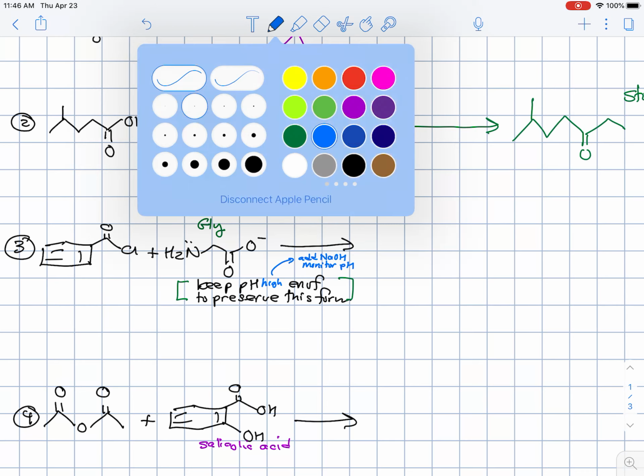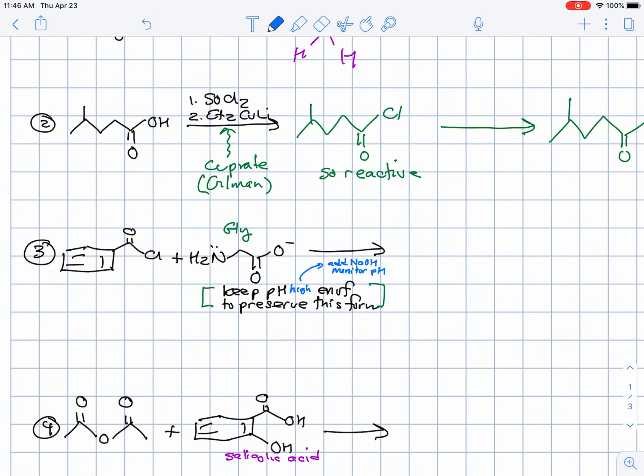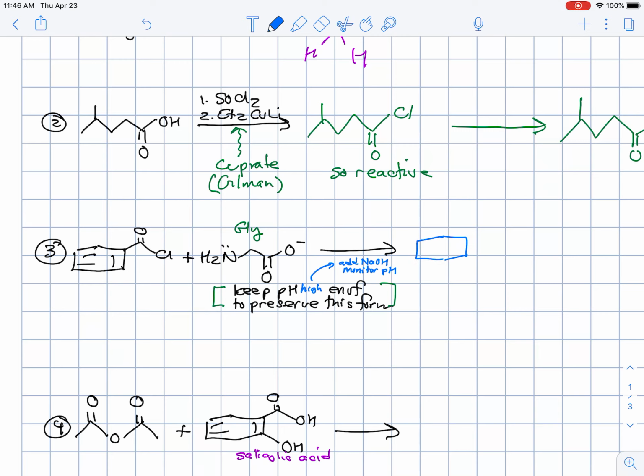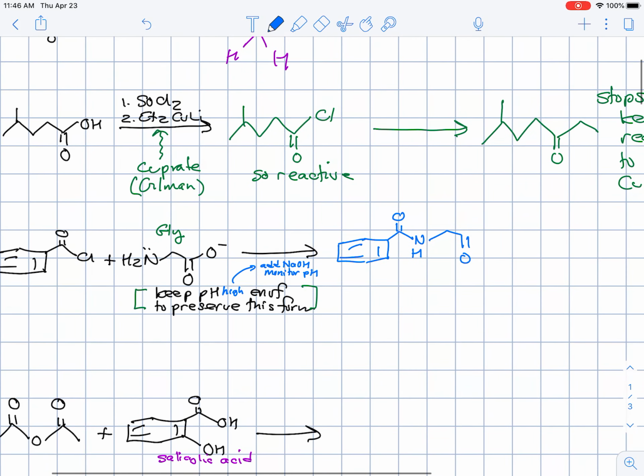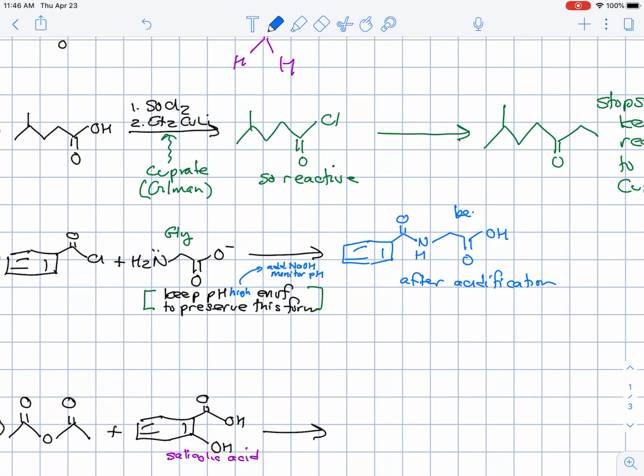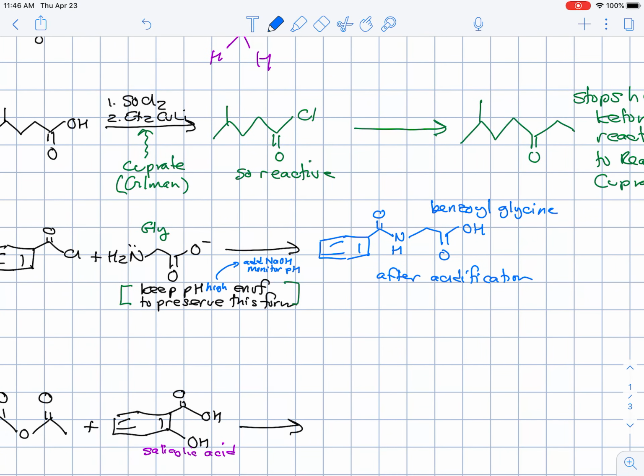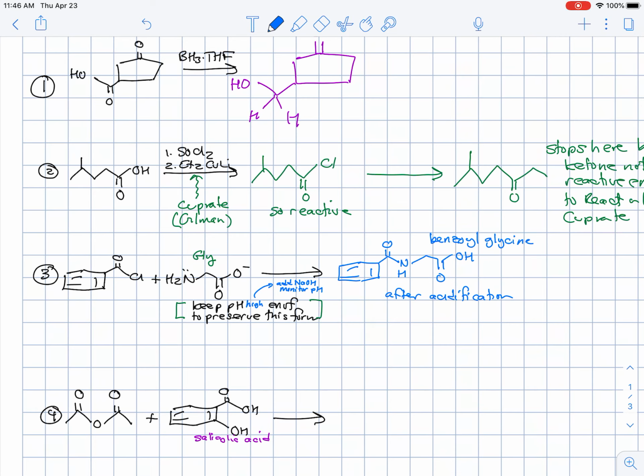So what's going to happen here is we're going to get an amide, and the form that we're going to have at low pH is going to be the anion, but I'll go ahead and write the form after acidification, and this is benzoyl glycine, and the general name would be a benzoyl amino acid.